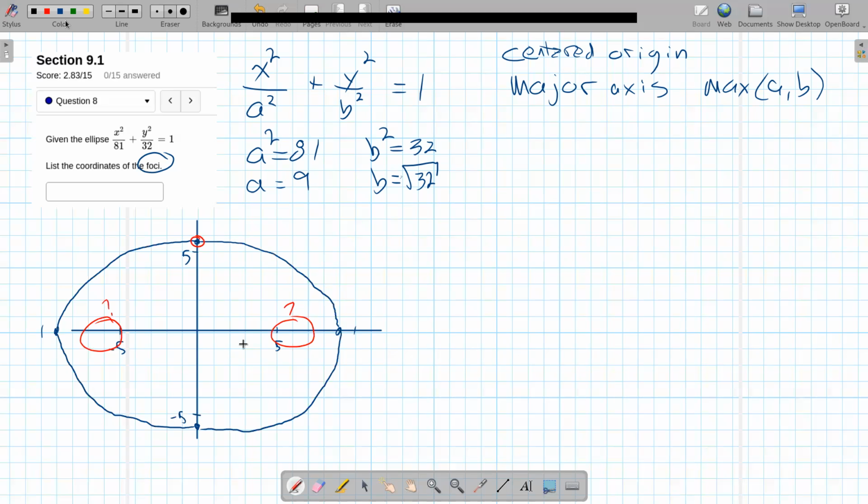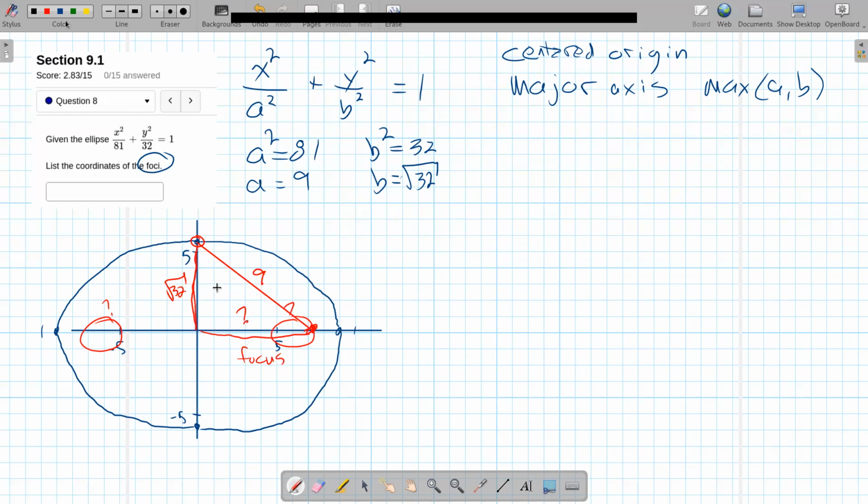So then if I come down on a diagonal 9 units, maybe that's going to be somewhere over here-ish. So that's 9. Over here is my square root of 32 on this leg of the triangle. And this leg of the triangle is going to identify the focal point. So focus will be over here.